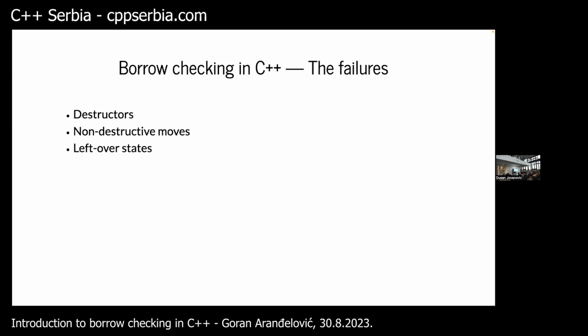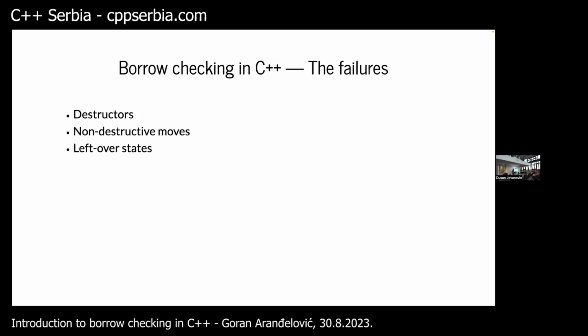So, what are the failures of this approach? At least the team at Google concluded: destructors, we will go through that; non-destructive moves; and leftover states. What is the most prominent topic here?